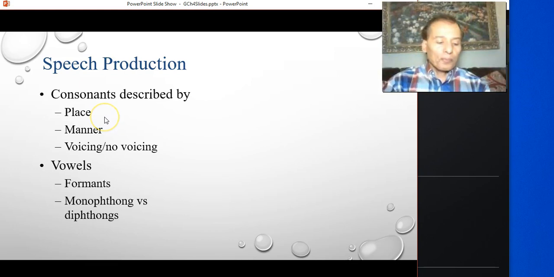For example, take the sound p. When you say p, your vocal folds do not vibrate. So we call that sound voiceless. If you want to see if the vocal folds vibrate, say instead of p, say b, b, b. When you say b, your vocal folds vibrate, but say p. So p is a voiceless sound.